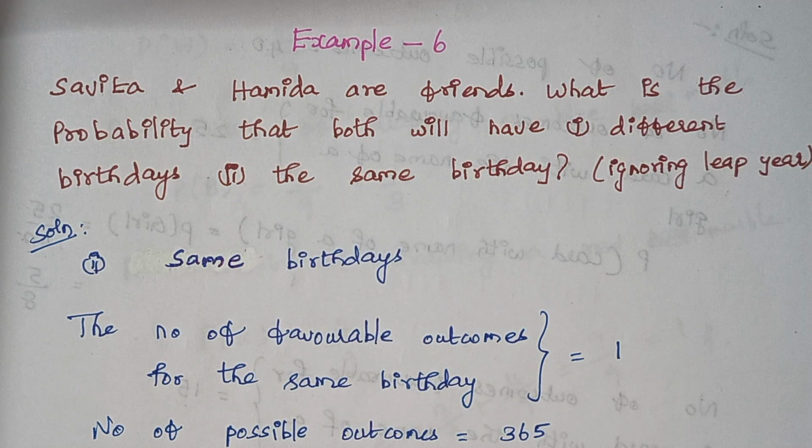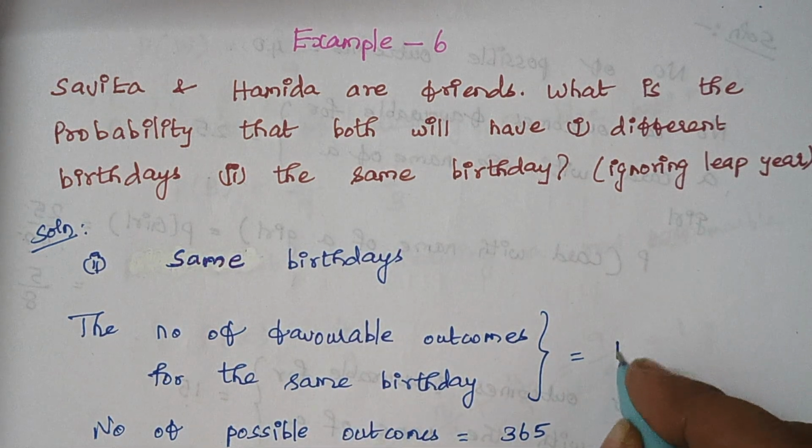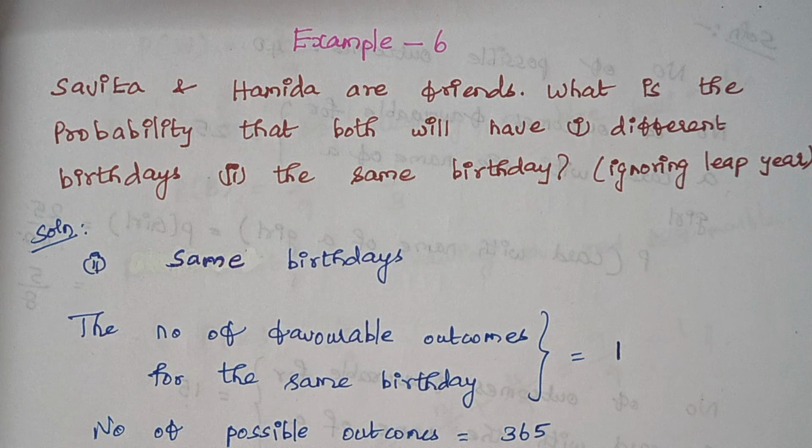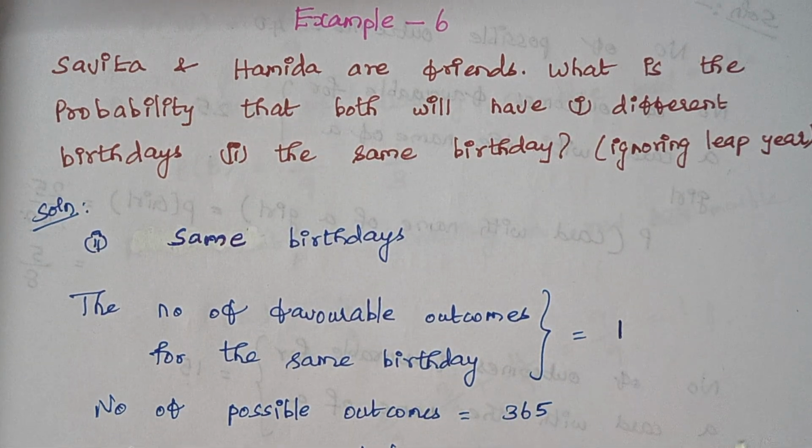So here how many days? Only one day, because on the same day both the girls have their birthdays. So the number of favorable outcomes for the same birthday is 1 because they are celebrating on the same day. So what is the number of possible outcomes? Obviously in a year there are 365 days and these girls are celebrating their birthdays on one common day.